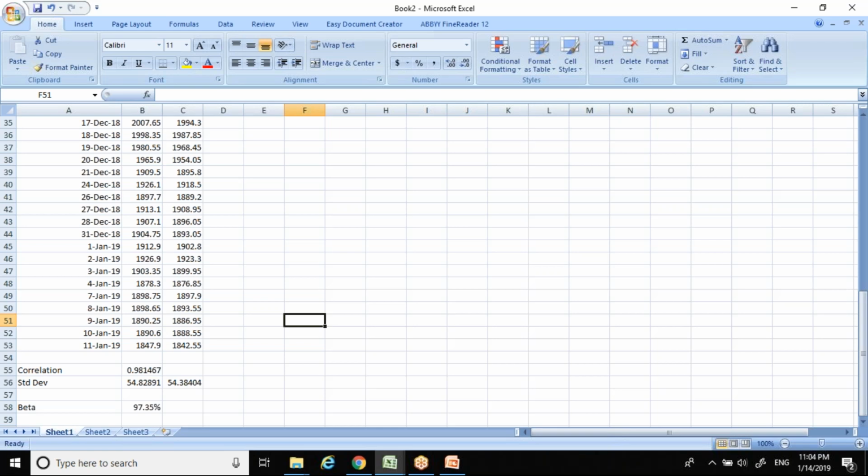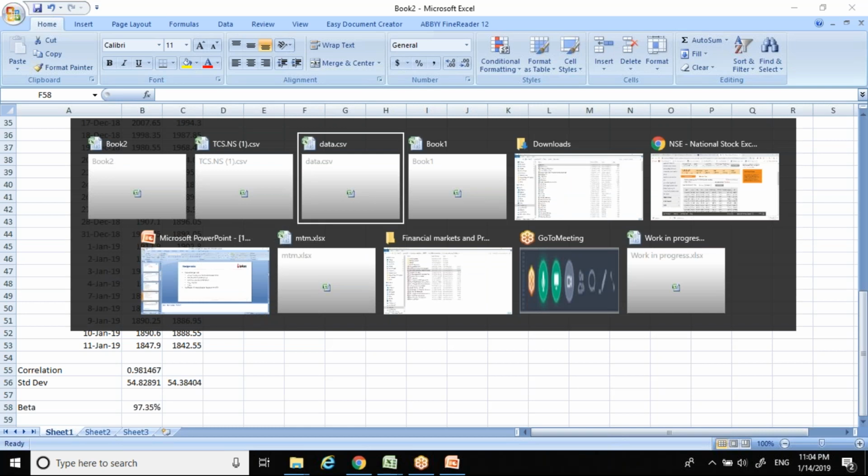But if the beta is less, let's say half, so if the share moves 1% up, the contract will move 0.5% up.